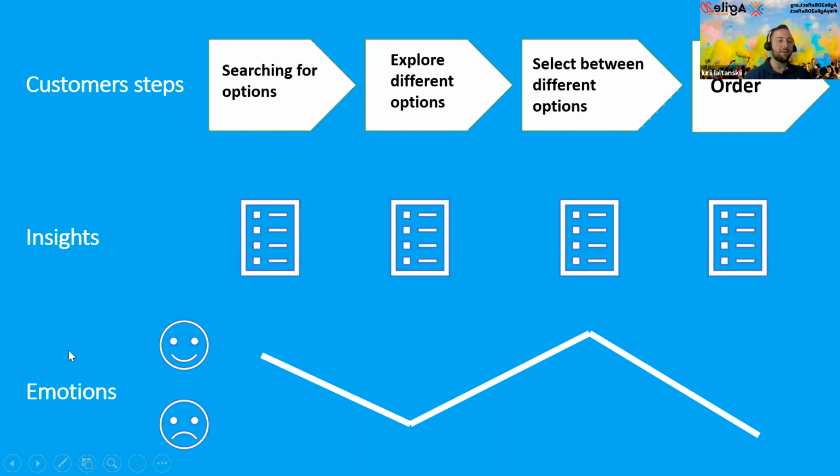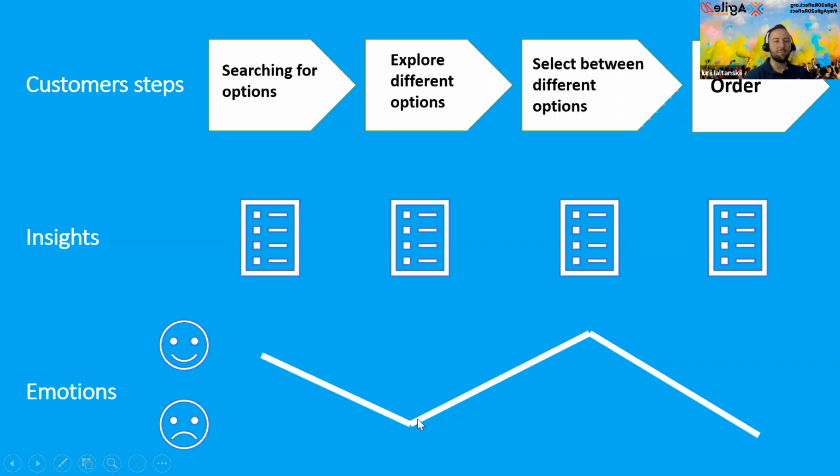And here we have the emotions map. This example shows us good experience, bad experience. We can see that this graph changes over the steps of our journey. We can see that searching for options is good, right, while exploring different options is bad.